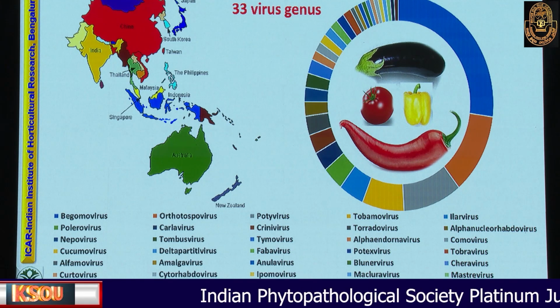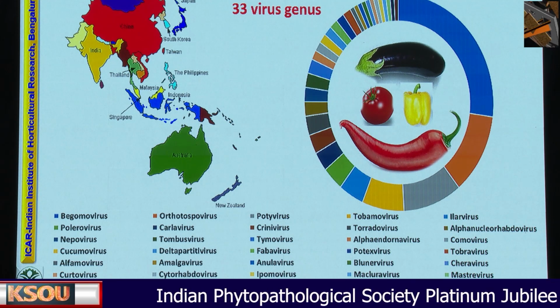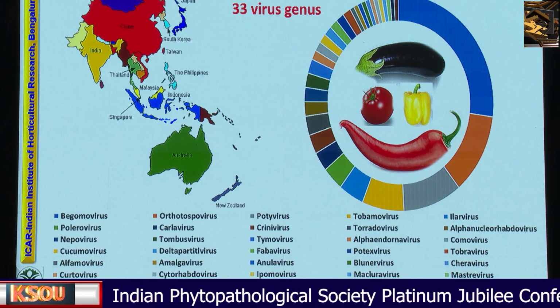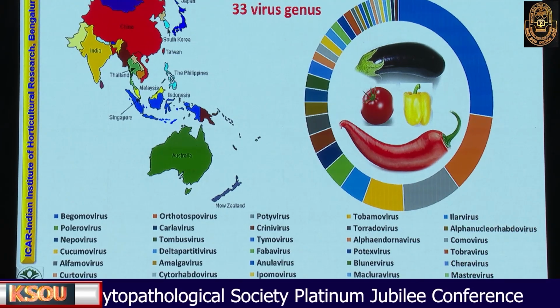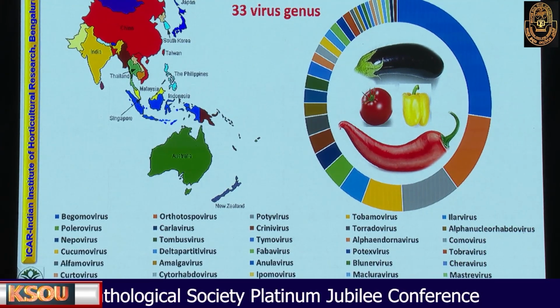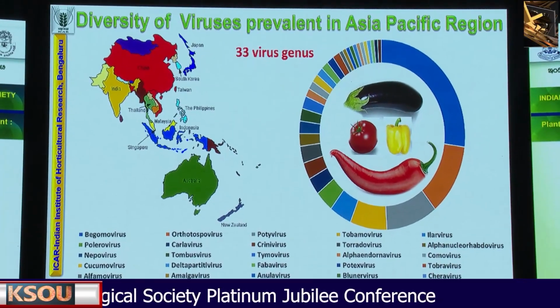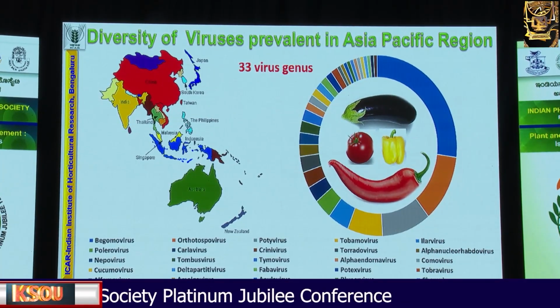As you see, more than 32 virus genera are present, at least in intensive vegetable cultivation in the Asian region, of which there are several viruses. All of them are not economically important.